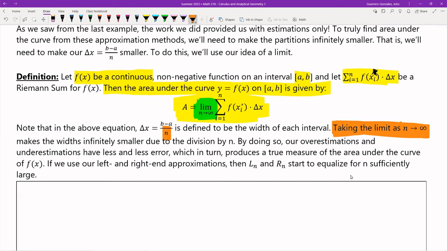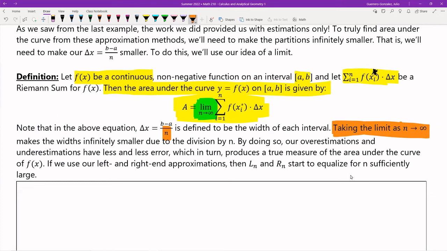And that produces a much more accurate measurement of the area under the curve of f of x. So what that means is, if we use our left endpoint and right endpoint approximations, they're going to have less and less of an over or underestimation as that n gets bigger.